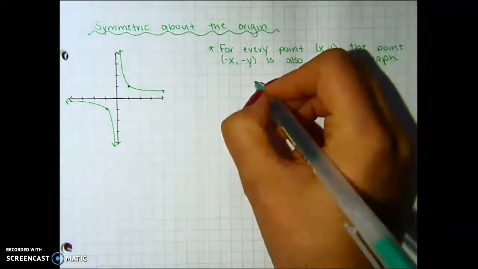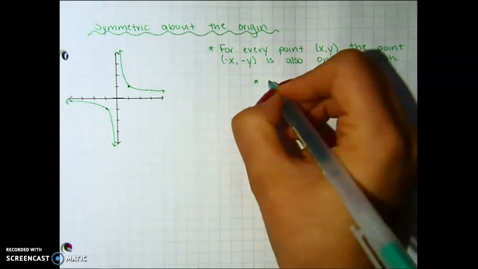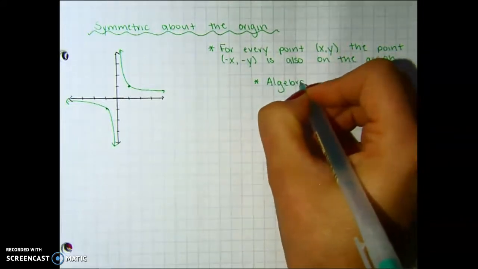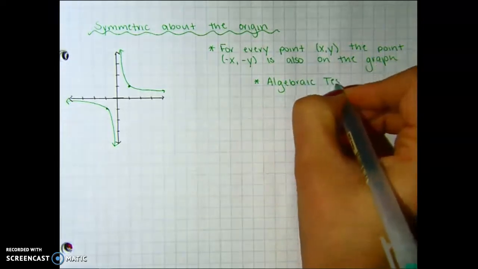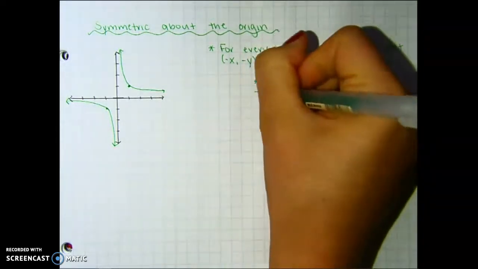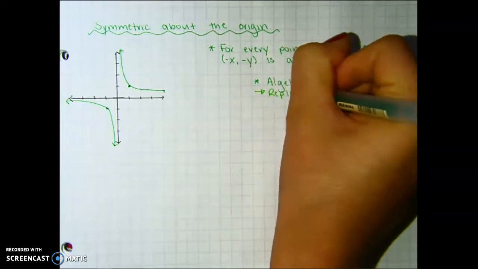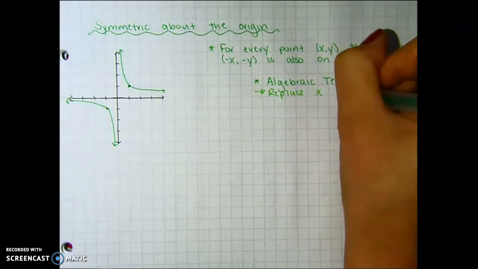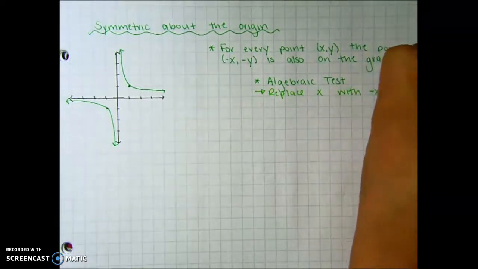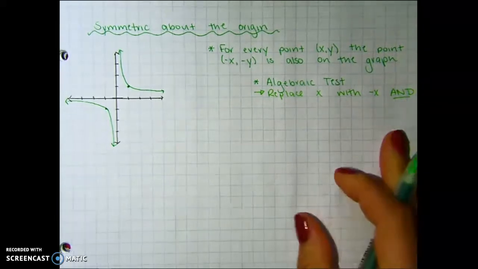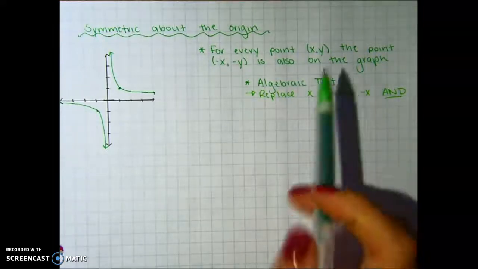So again, easy to tell when you're looking at the graph, but we want you to do an algebraic test. And to do that, I'm sure you can guess what I'm about to write. You're going to replace x with negative x, and this is where it's different, because before there was only one value that was the opposite, and now it's both.